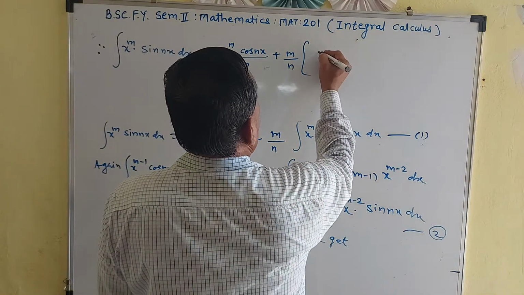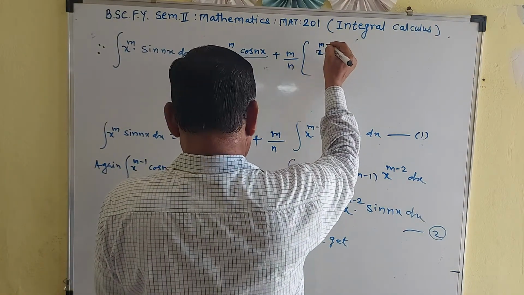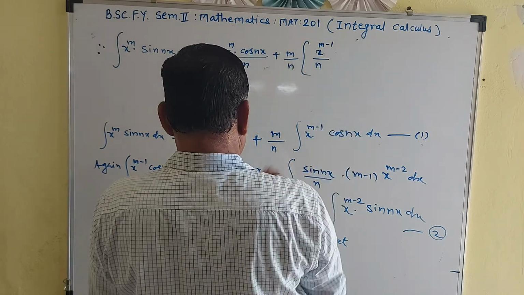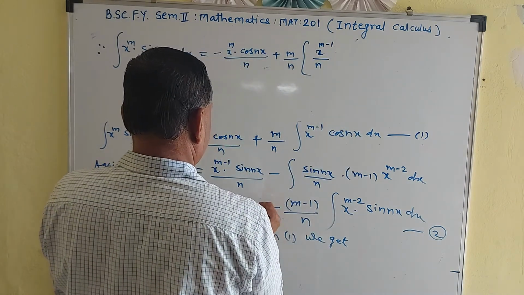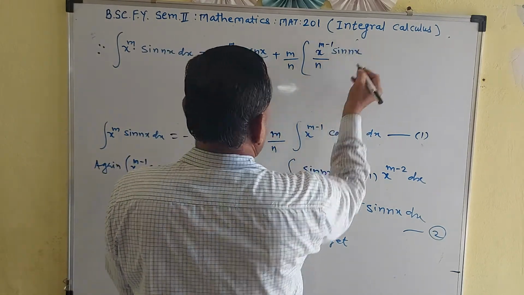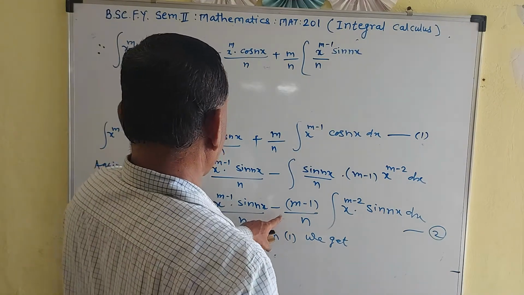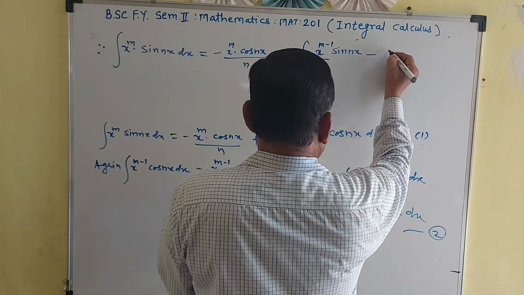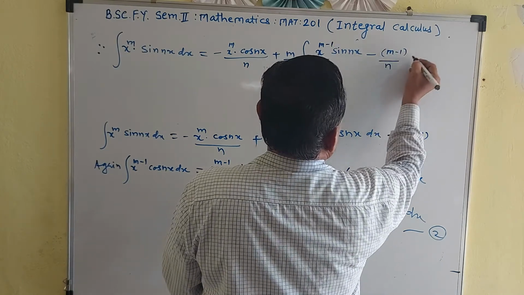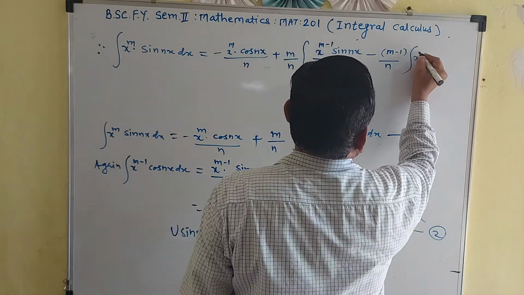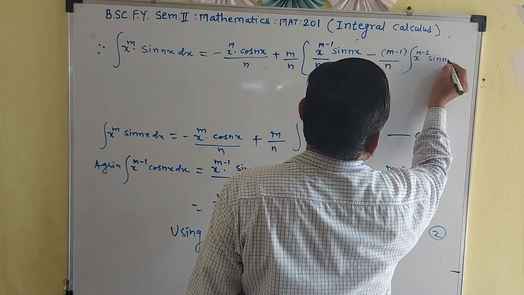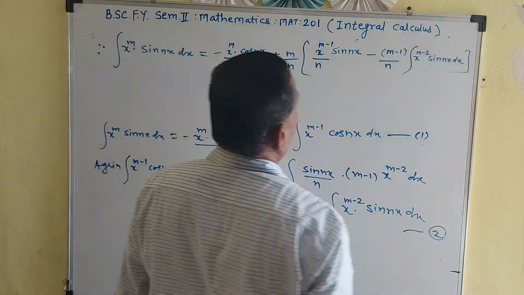So its value is x raised to m minus 1 upon n into sin nx, then minus m minus 1 upon n into integration of x raised to m minus 2 into sin nx dx. Close the bracket.